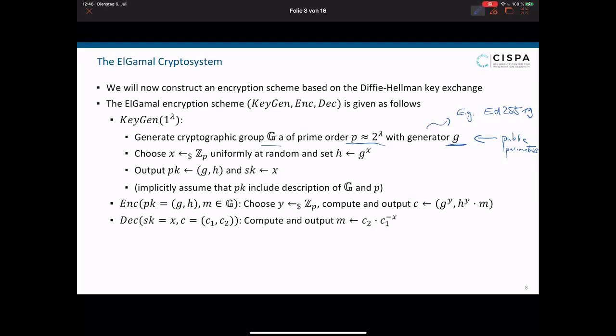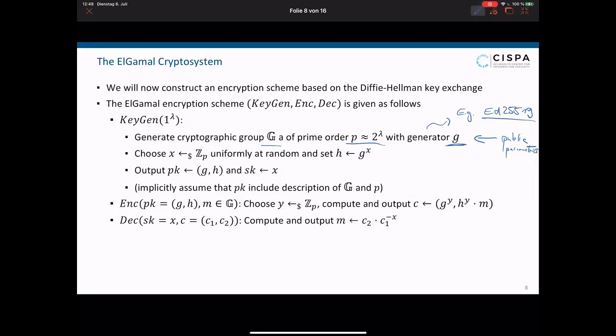Someone asked, is it based on efficiency or what? Actually, yes. Generating a new cryptographic group, especially an elliptic curve group like this Edwards curve, is really inefficient. Someone is asking, where is the difference between Ed25519 and Curve25519?